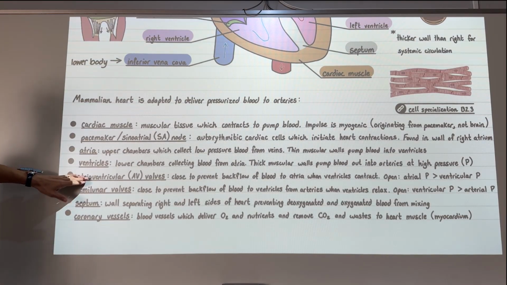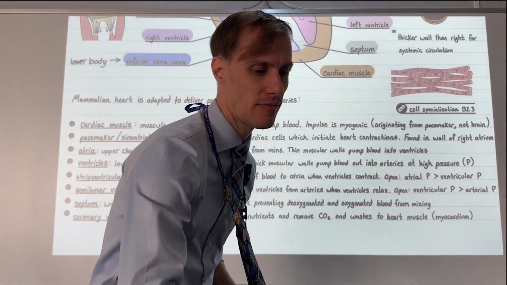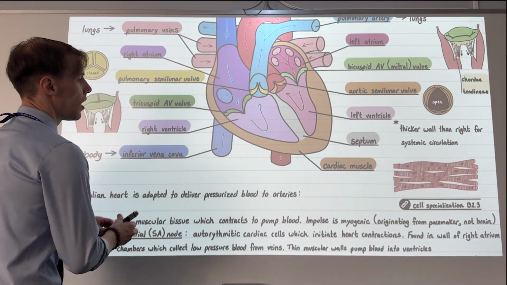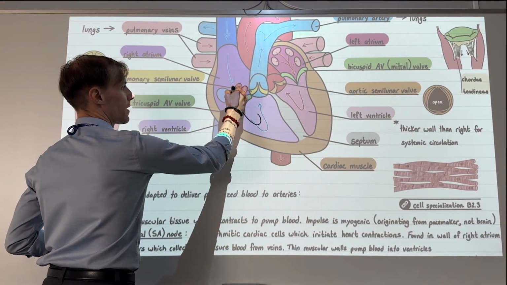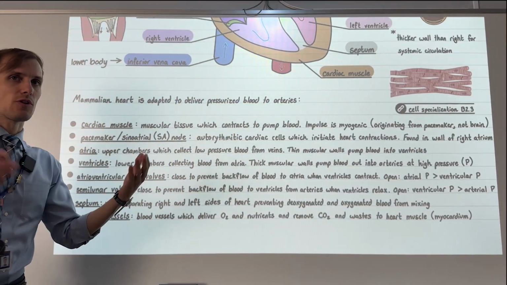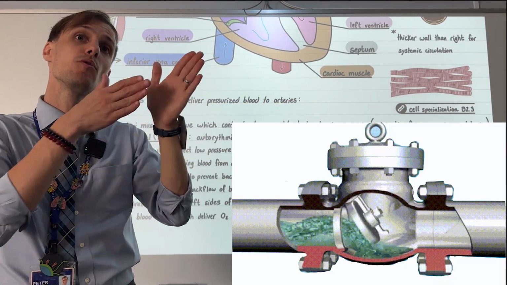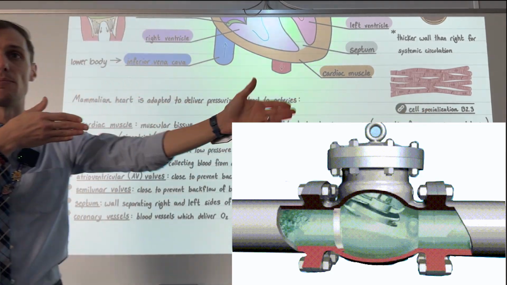Now the valves will close to prevent backflow, meaning I don't want blood flowing back in this direction. The main role of valves, whether in your veins or in your heart, is to allow one-way flow.